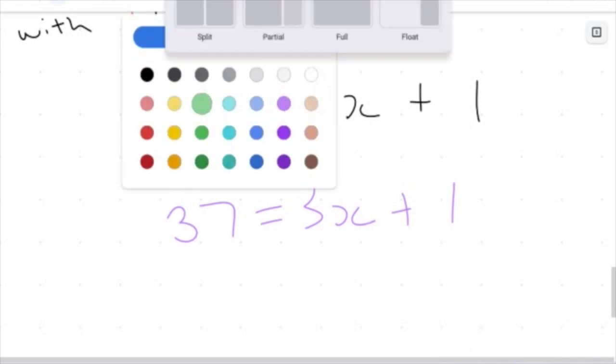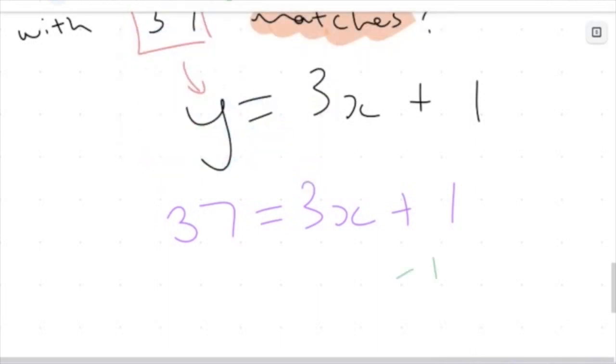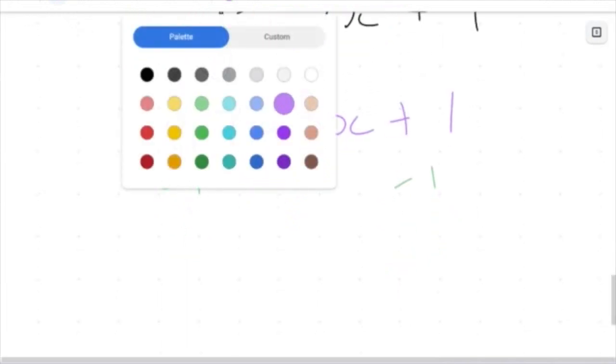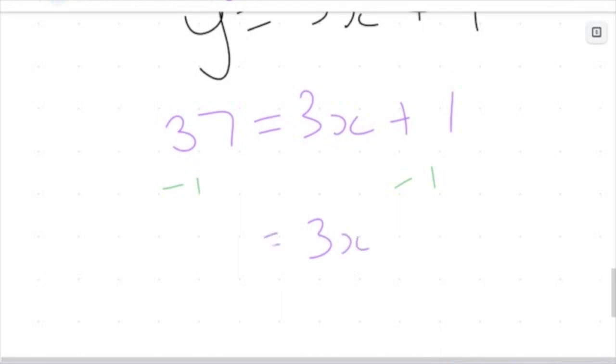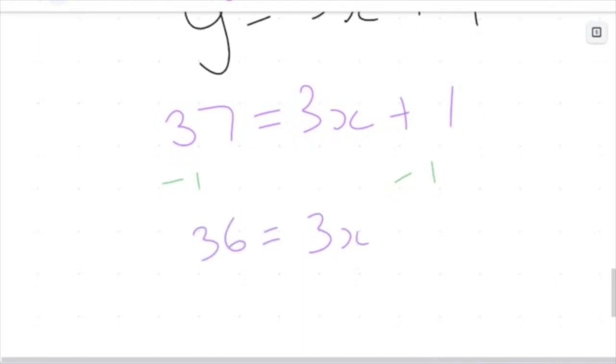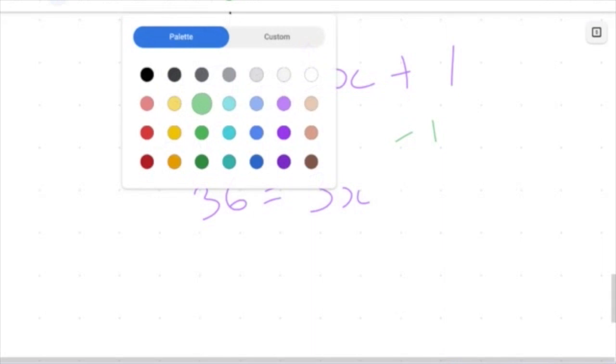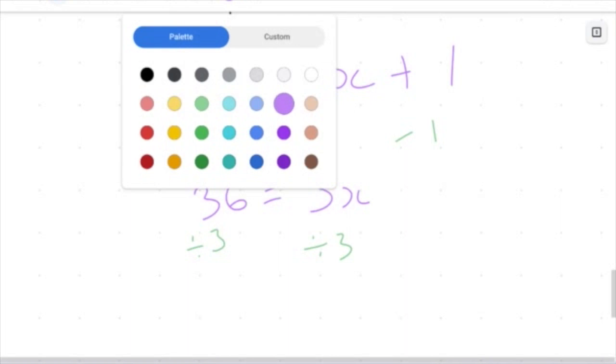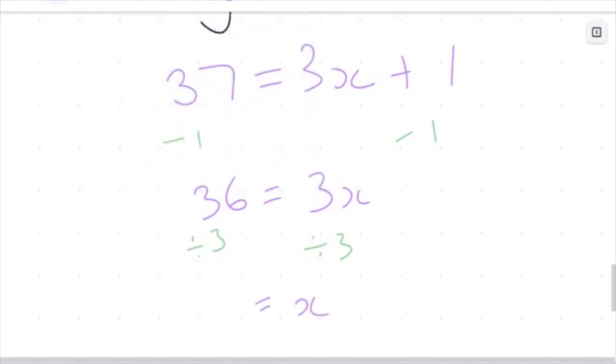Well, I can now subtract 1 from each side to find what 3x was before I added 1. So that gives me 3x equals 36. And now I can just divide both sides by 3. This is just simple equation solving, which we've been doing for a while now. It's just a 2-step equation. And my value for x is going to be 36 divided by 3, which is 12.